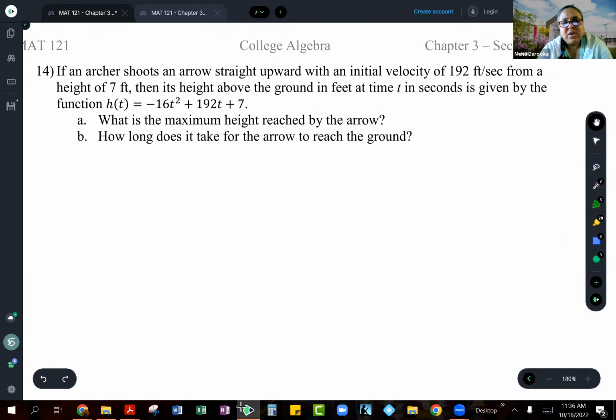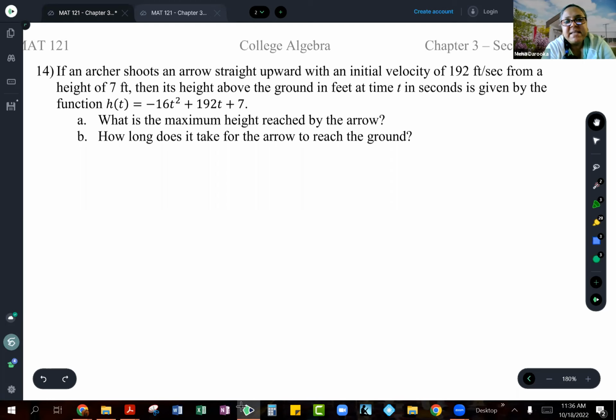So this one is basically talking about if an archer shoots an arrow upwards with an initial velocity of 192 feet per second from a height of 7 feet, they're basically saying to find the height of this arrow as it travels above ground, based on time, which will be in seconds, can come from this equation here. And then based on that, they're asking us to find what will be the maximum height the arrow reaches and how long it will be before it touches the ground. It comes back down to the ground.